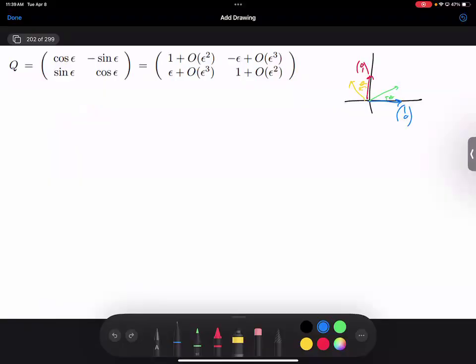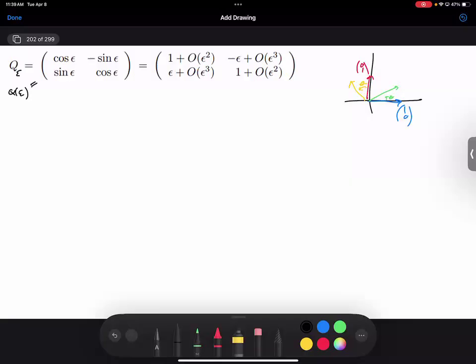Whenever you see epsilon, you should be thinking something small going to 0. And so for a general rotation matrix, I would really use theta. And maybe I should write q sub epsilon, or q of epsilon, to denote that this depends on epsilon.